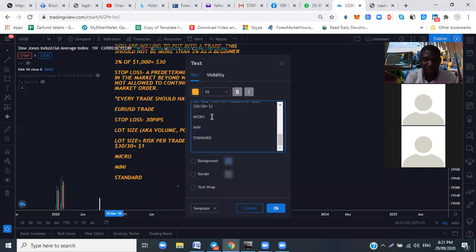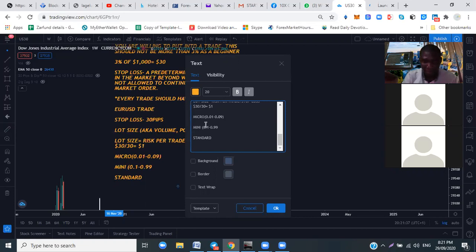So now we have three different lots. First of all, we have the micro lots. The micro lots are the ones that start from 0.01 all the way to 0.09. Those are micro lots, right? Then mini lots, 0.1 all the way to 0.99.